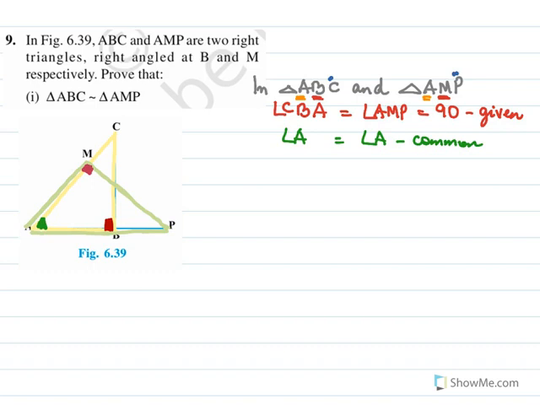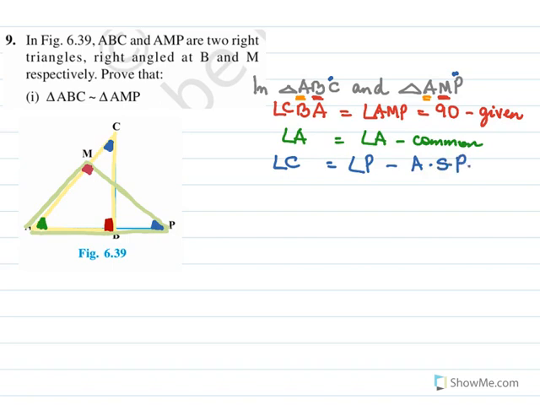So we have angle C must be equal to angle P by angle sum property. So we write angle C equal to angle P by angle sum property.